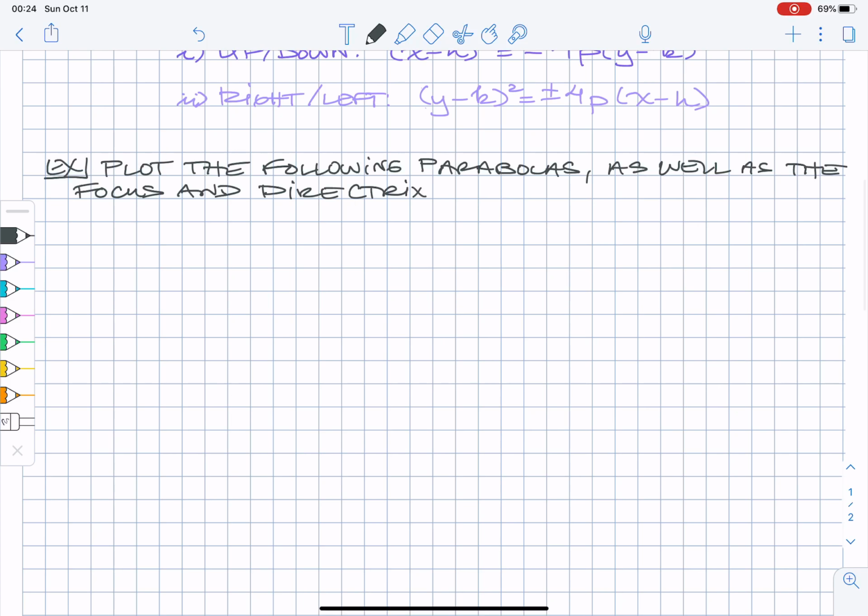Okay, so number one, let's say we have x squared is equal to positive 4 times the quantity y plus 3. So I claim that this will be (x minus 0) squared is equal to 4 times 1 times (y minus a negative 3).